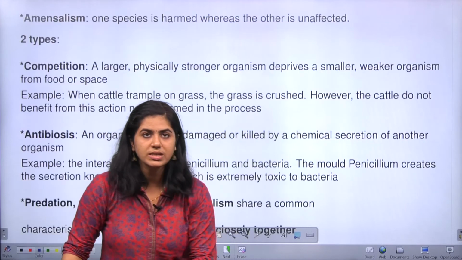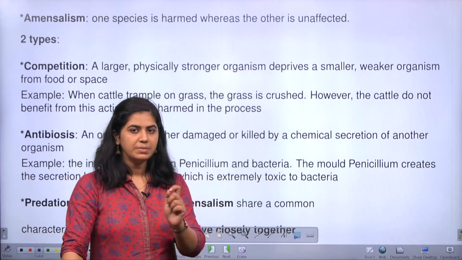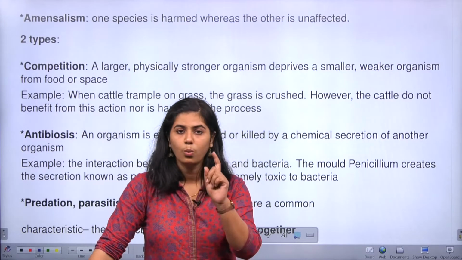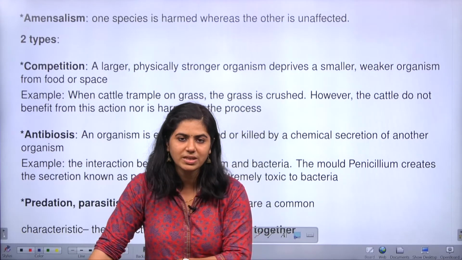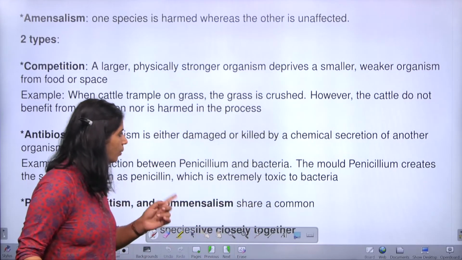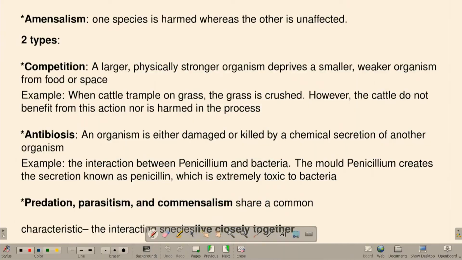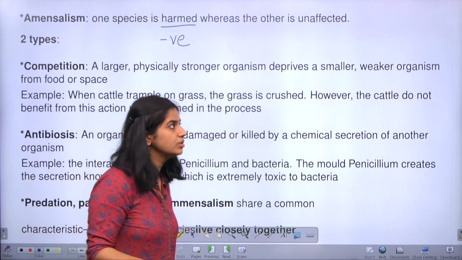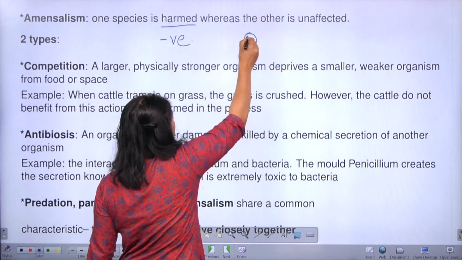And the next one is amensalism. Amensalism is somewhat the opposite of commensalism, in which one is harmed and the other is neither benefited nor harmed. So the one which is harmed will be on the negative side, and the other will be on 0, right?